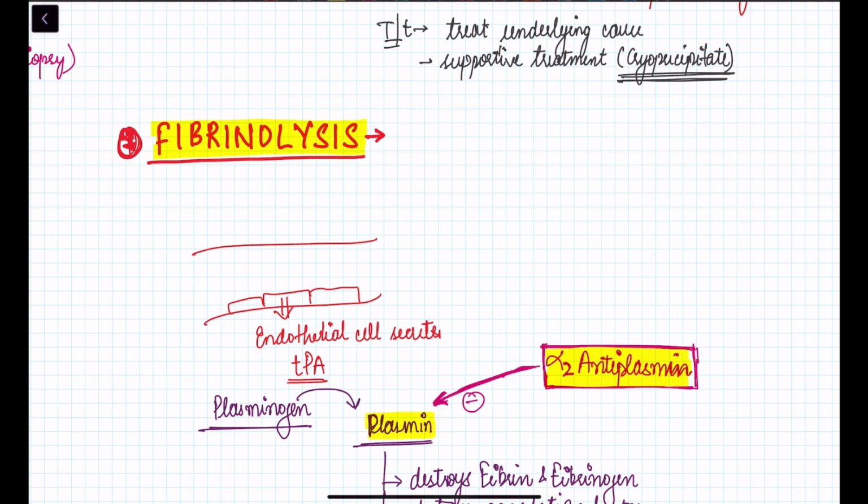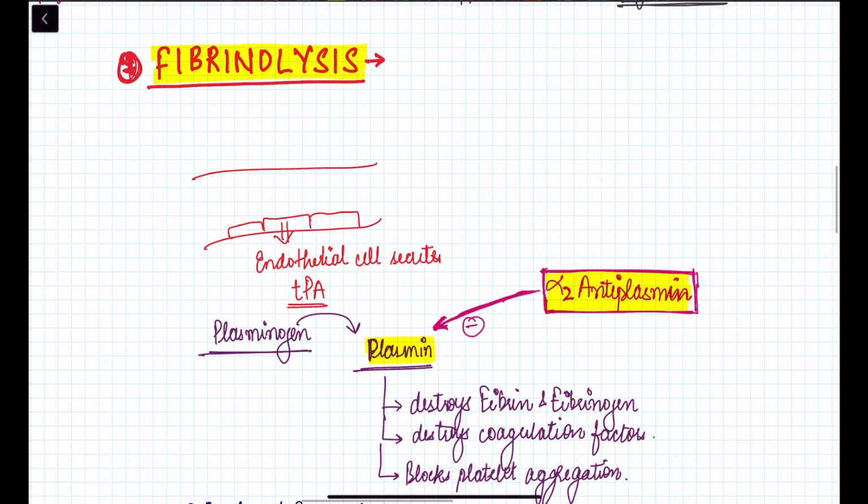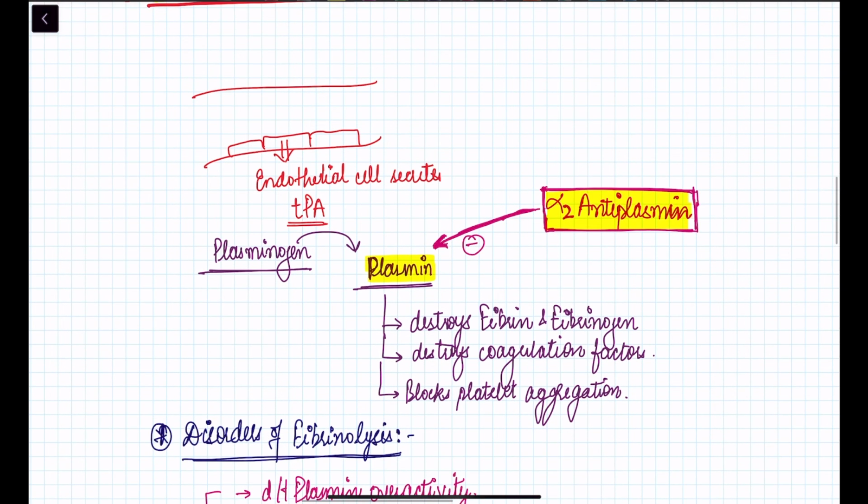So the body has mechanisms to destroy or lyse the clot that was formed, and now the endothelial cells also secrete a tissue plasminogen activator, which is very important in the fibrinolysis pathway, as it activates a protein plasminogen to its active form plasmin. Now this plasmin will destroy fibrin and fibrinogen.